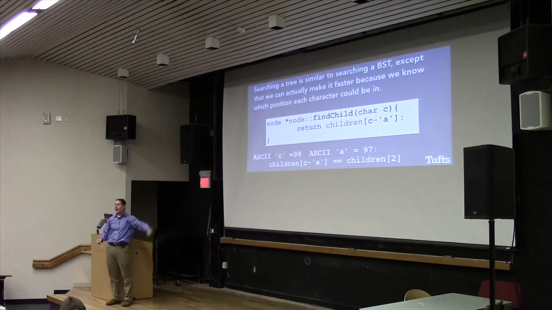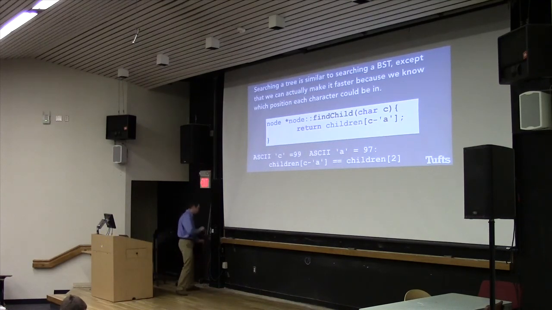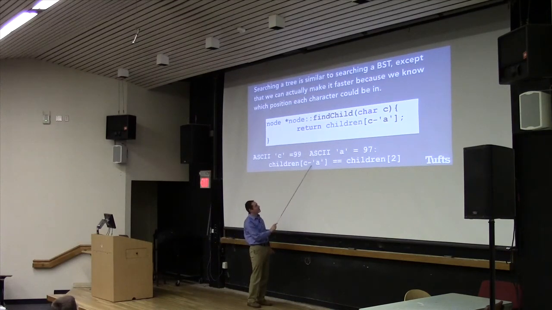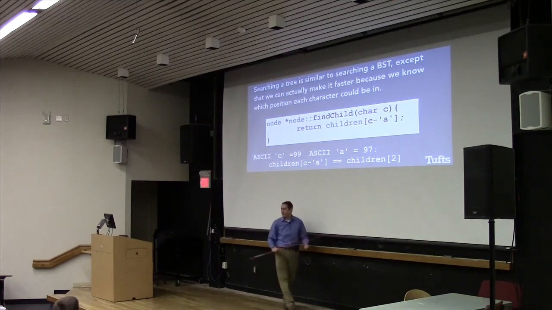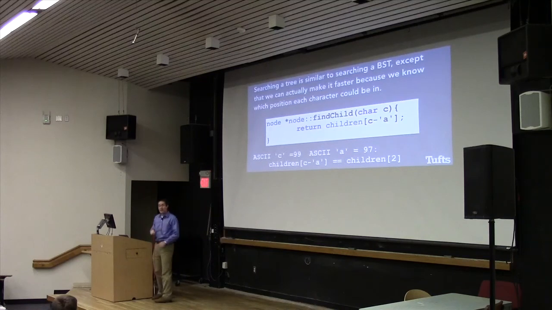And if you subtract out A, which is a character with an integer representation of 97, that will give you 99 minus 97, which means we're going to reference location 2, which we said was the location for the letter C. So if we put a node there, that's actually kind of clever, right? A nice, clever little way to do it.